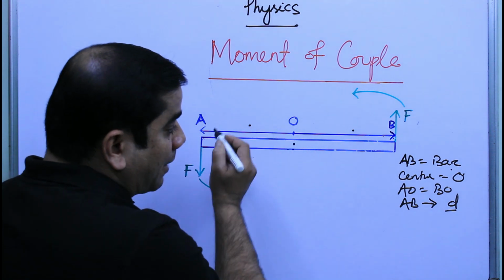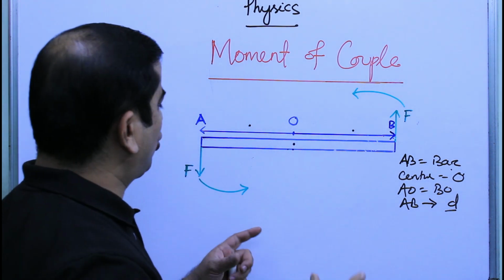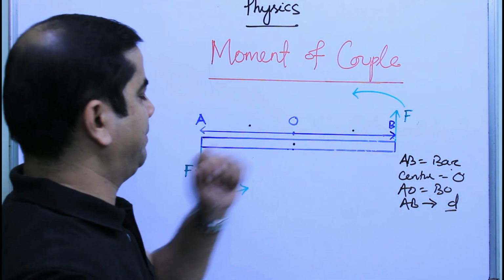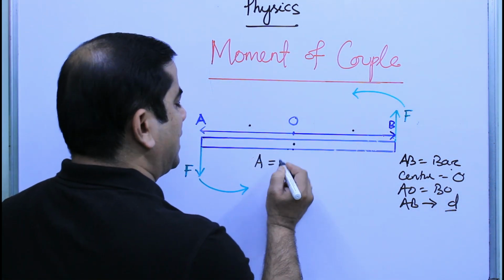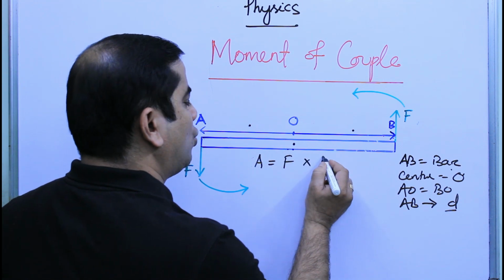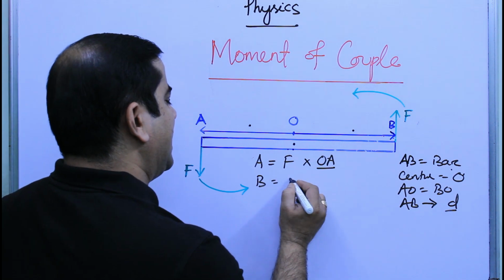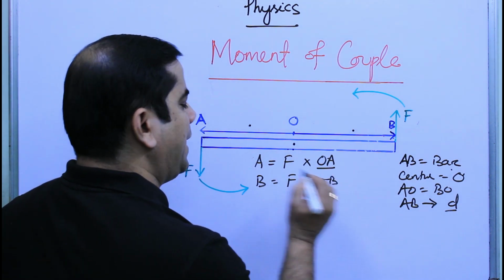So as the body is rotating, let us now find out what is the moment of force at the ends, that means at A and B. So at A, moment of force would be F into OA. This is the perpendicular distance, and at B it is F into OB.